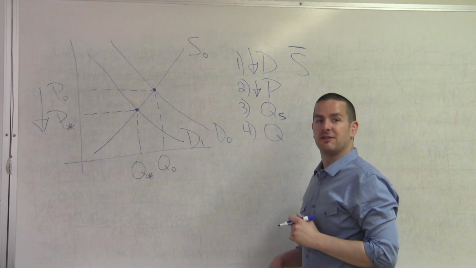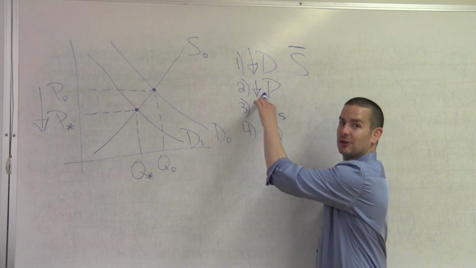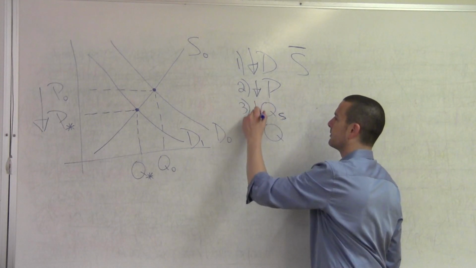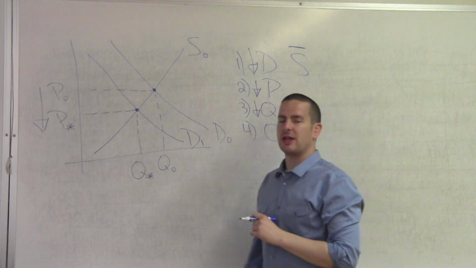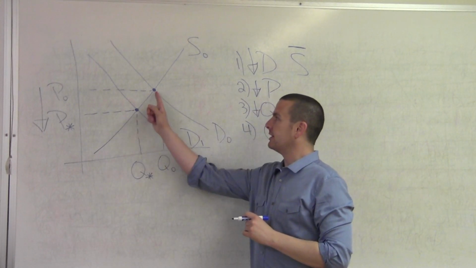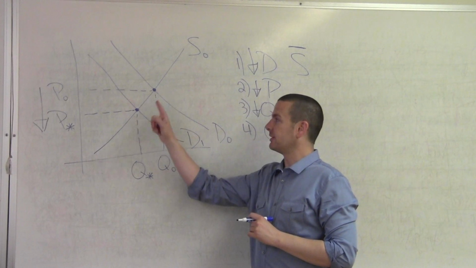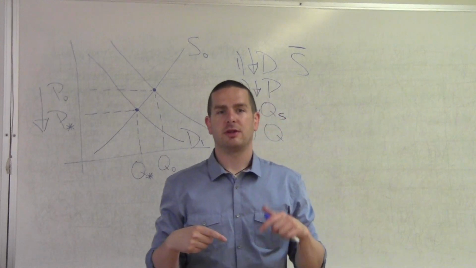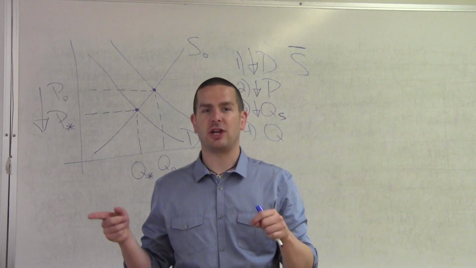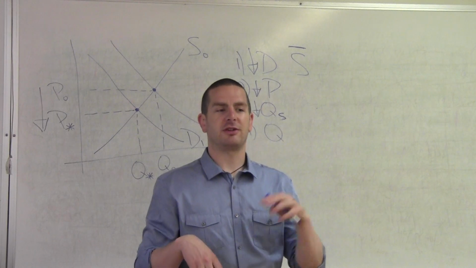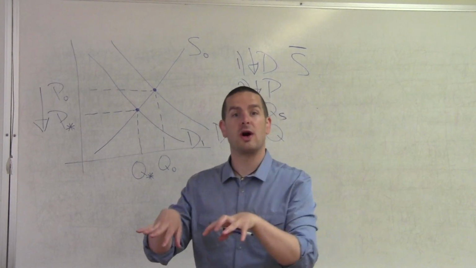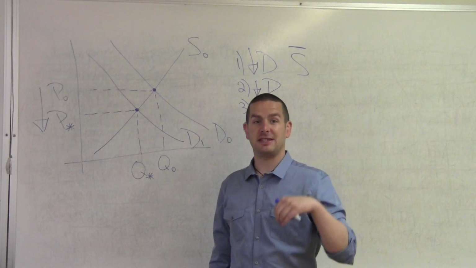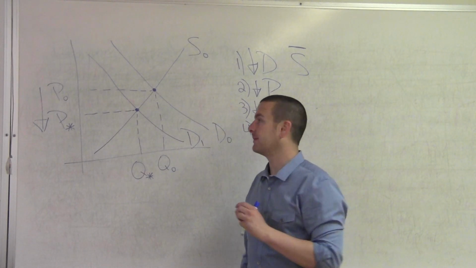We know from the law of supply that when prices decrease, quantity supplied decreases. And we can actually show that on our graph right here. This was our equilibrium. This is our new equilibrium. And when prices change, that means quantity supplied changes, right? Whenever there's a change in price, there's a change in quantity. So if prices go down, then there's a decrease in quantity supplied.